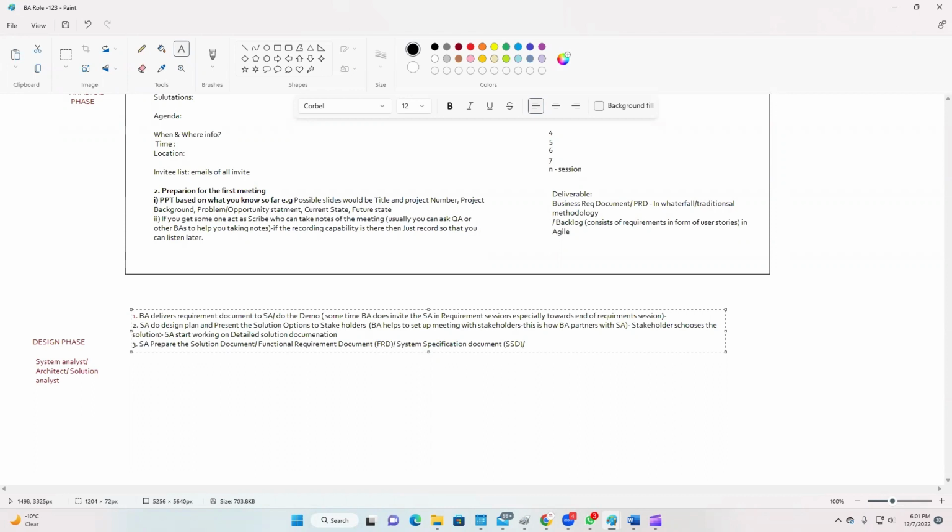Or sometimes just the specification. So there are multiple names for that document that they prepare.